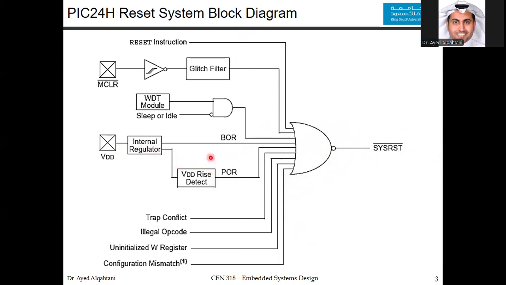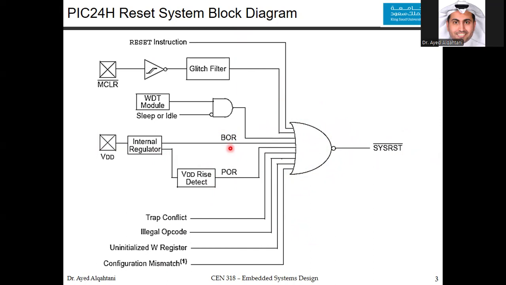Now, there is another event called a brownout reset. This is in case you have a failure in the VDD, a certain fluctuation, and we will see it in a timing diagram to see the difference.